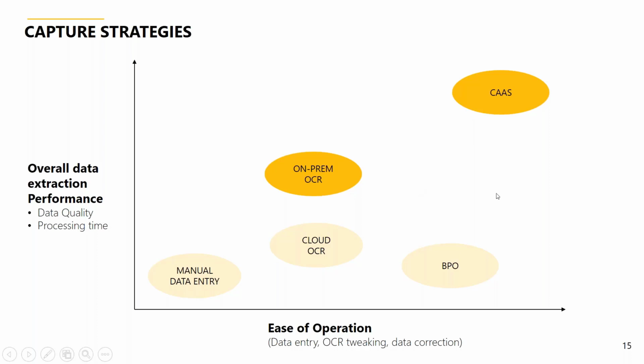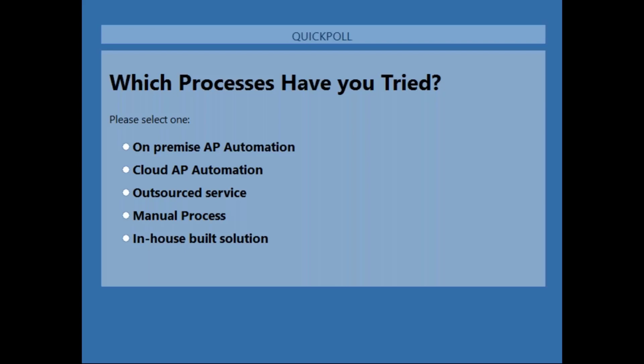So I believe we should be about to launch a second poll question. What we'd like you to do now is to consider and then let us know which of the processes that we've just discussed you have considered or have tried within your business. Again, it should be on the right hand side of your screen.